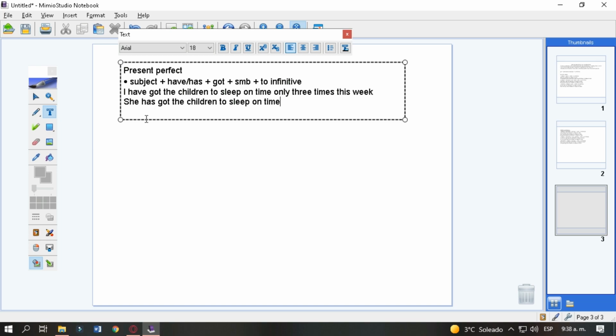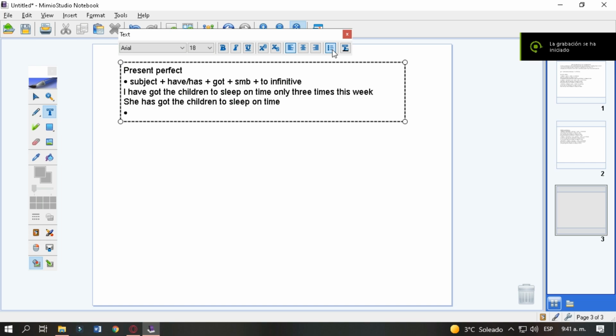As it is a perfect tense, we need to use have, and in this case the verb got in its past participle. And we are going to see that if it is a past tense, we are going to need had instead of have or has, and the verb like this.